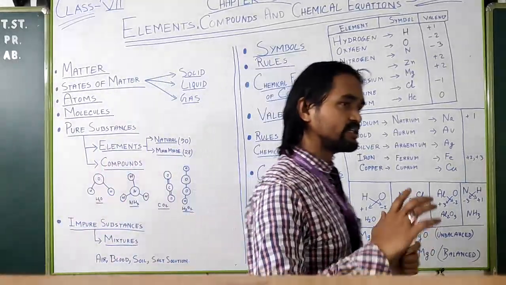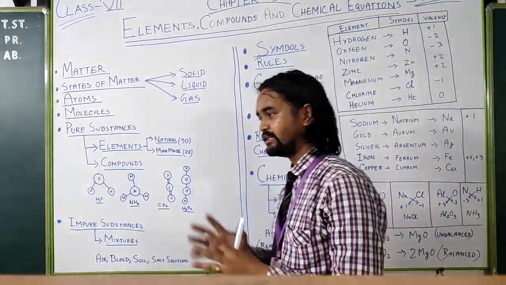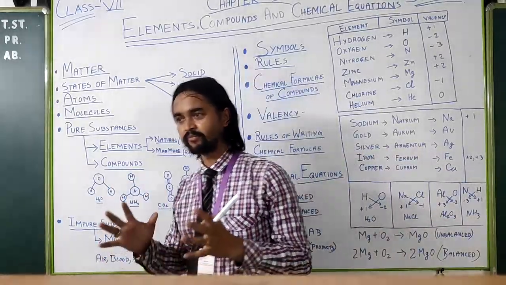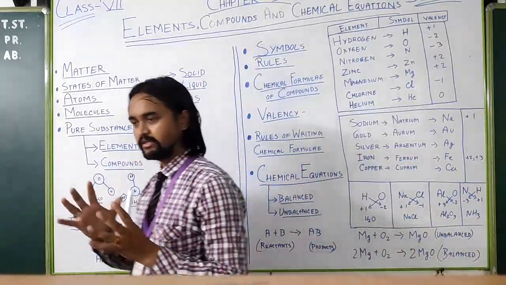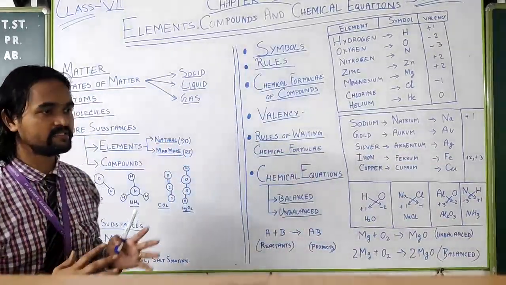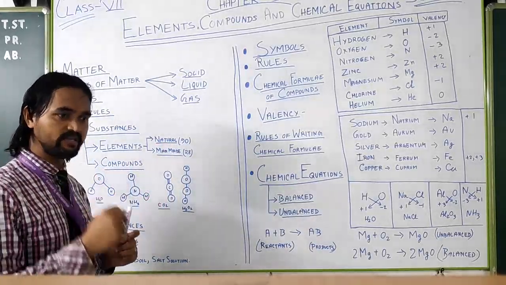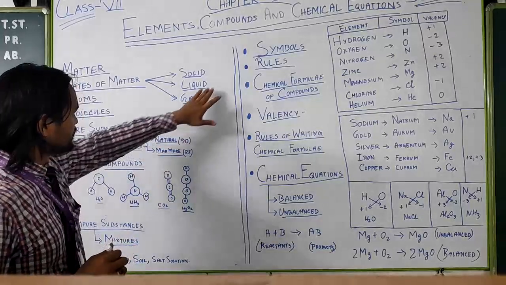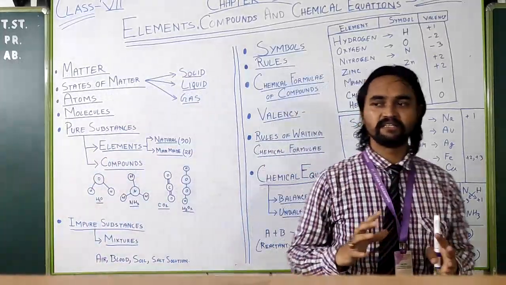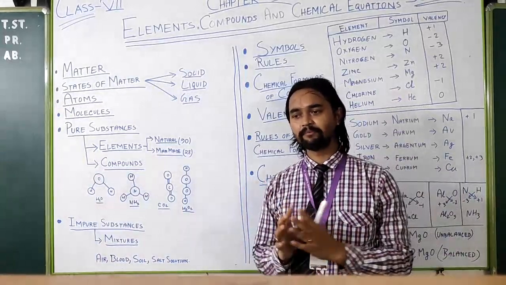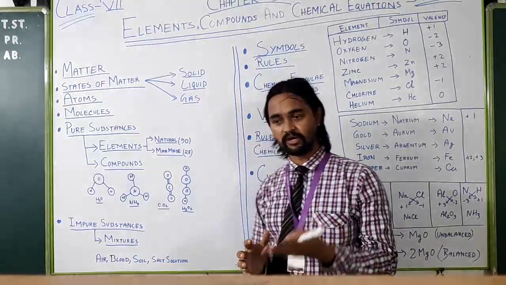The solid state is the state in which matter exists in solid form. That means it has a definite shape, definite size, and strength. In the liquid state, matter exists in fluid form. That means it can flow, for example, water.